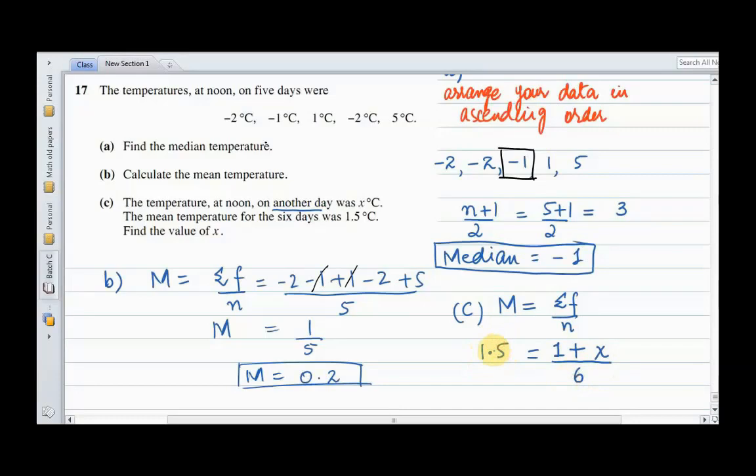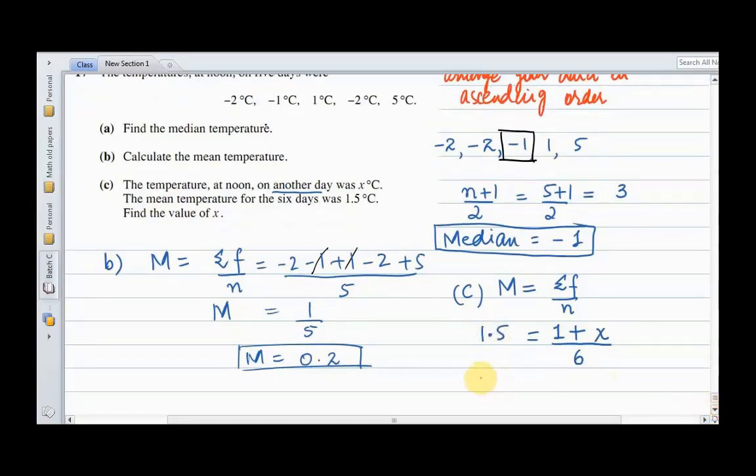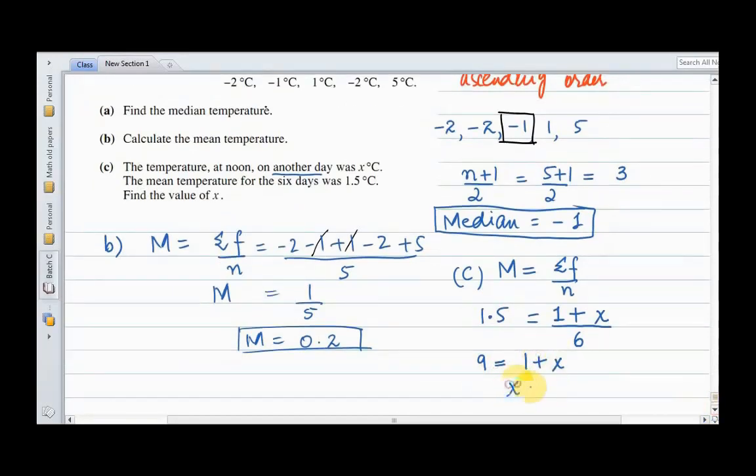Now you need to multiply 6 with 1.5, it will be 9. So 9 is equal to 1 plus x, or after further solving, x is equal to 8. That is your answer.